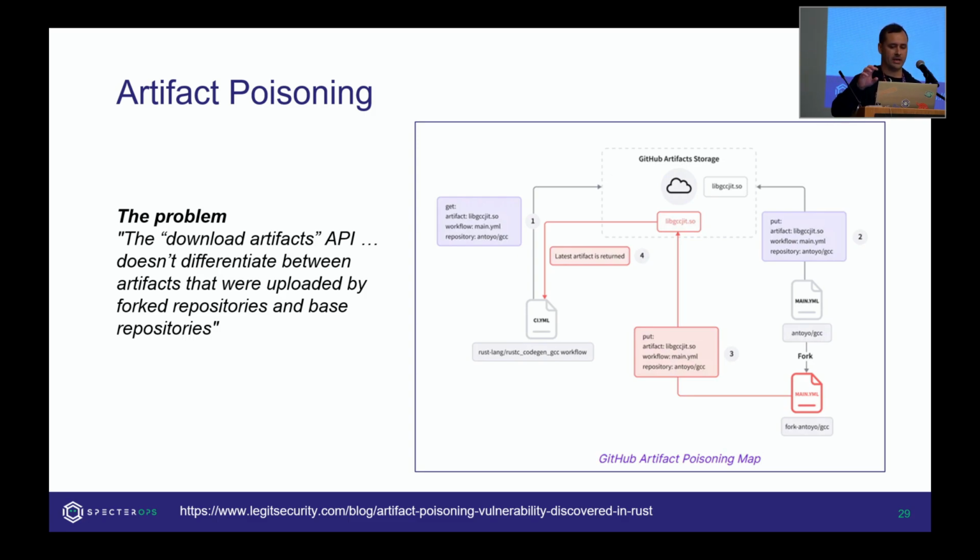So they made a fork of the GCC project, modified a workflow, and added one thing in there to upload the artifact. It went into GitHub artifact storage. Rust-Lang was pulling down the artifact from GitHub artifact storage, but GitHub artifact storage doesn't make a clear delineation between forked artifacts and the main branch or the base branch of the artifacts. So they pulled down a malicious version, and they used that in their workflow.